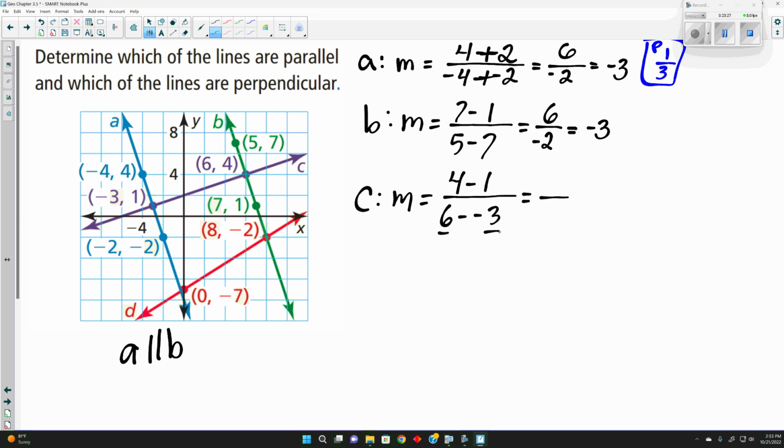So y values always go on top. Now the numerator, 4 minus 1 is 3. Here the negative makes a positive. So 6 plus 3 is 9, so the slope is 1/3. So C is perpendicular to A, C is perpendicular to B. Because A and B are parallel, and if C is perpendicular to one of them, it has to be perpendicular to the other.